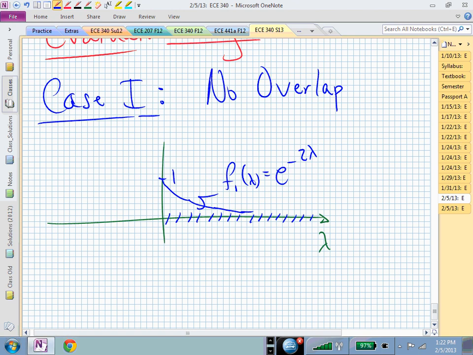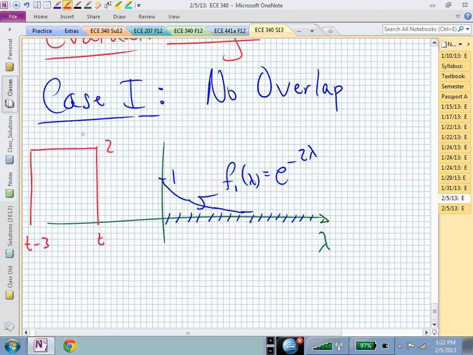Now I need to put in the f sub 2 of t minus lambda, but I said I want to put that one in for a small enough t to where it is not going to overlap f sub 1.